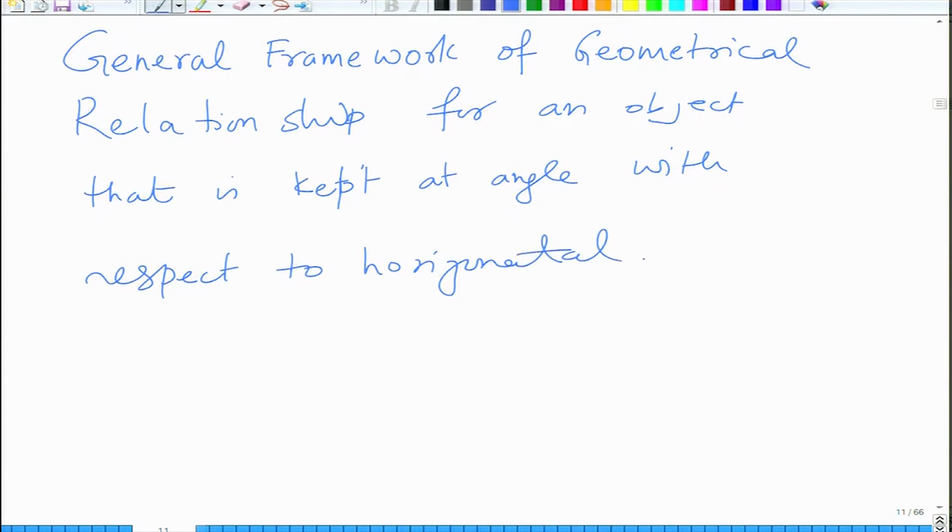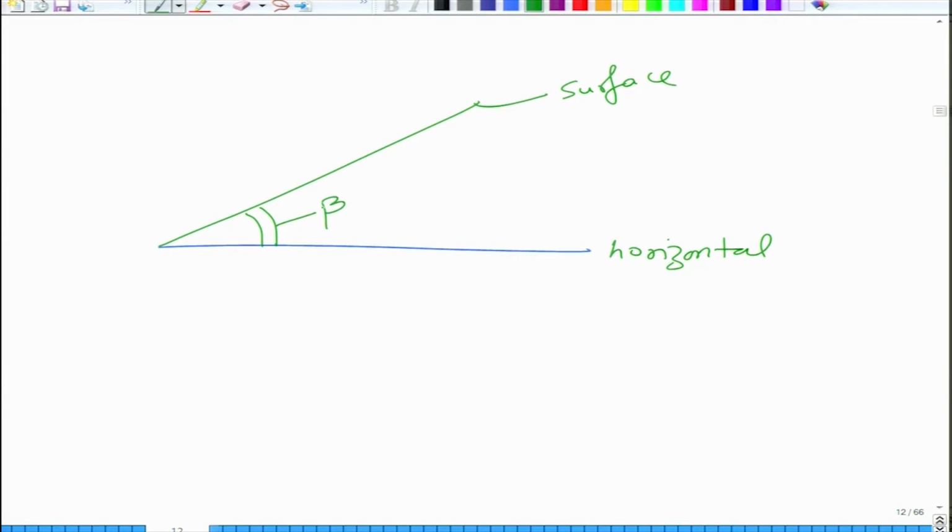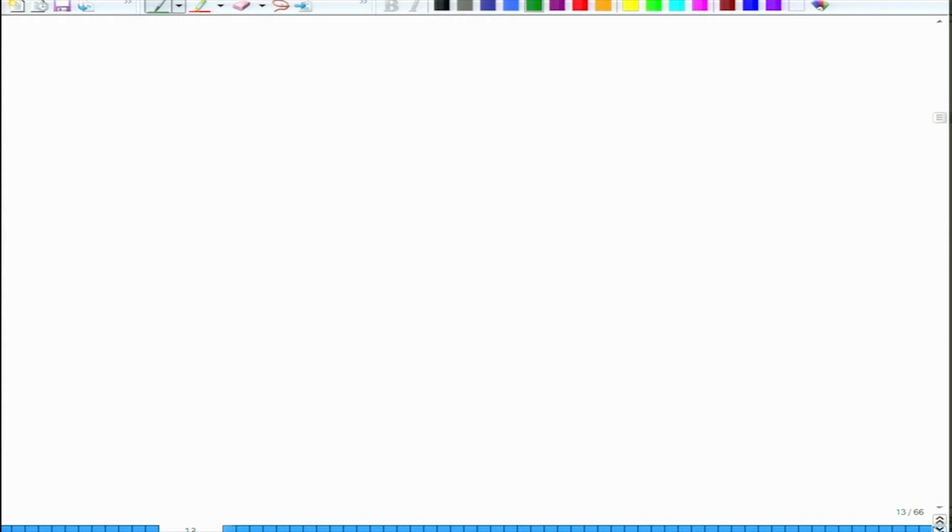Most of the things that we have seen so far are for the horizontal surface, but the solar panel itself is kept at a certain angle, so you need to bring that angle into account. This is your horizontal, and somewhere here you will have an inclined surface which receives the radiation. That makes an angle called beta. So let me show you a PPT.